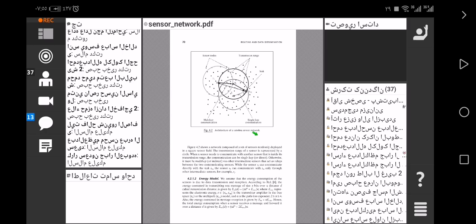For reception, just k E electronic. And the total energy that each node consumes is the summation of transmission energy and reception energy. So this is the energy model.